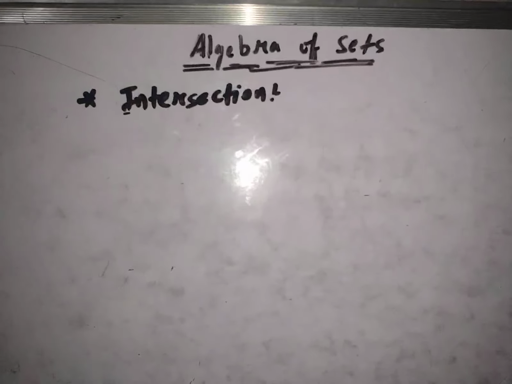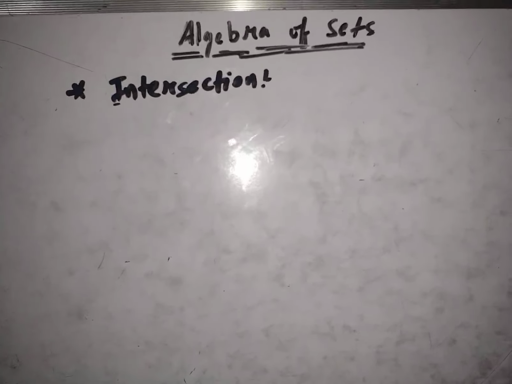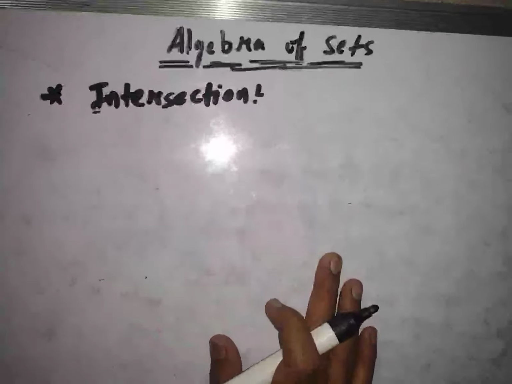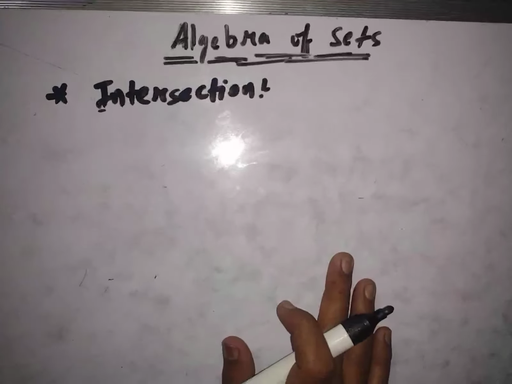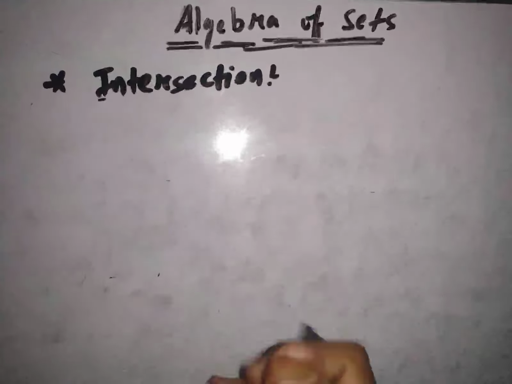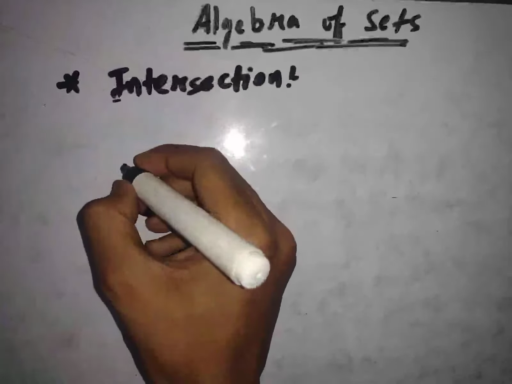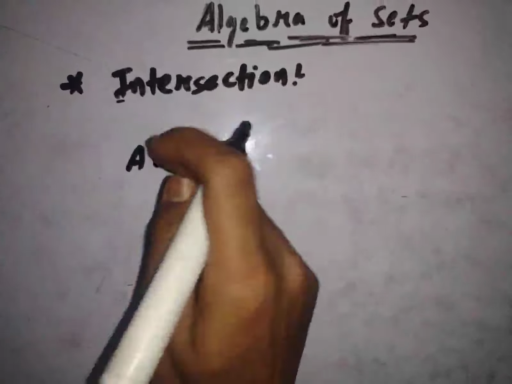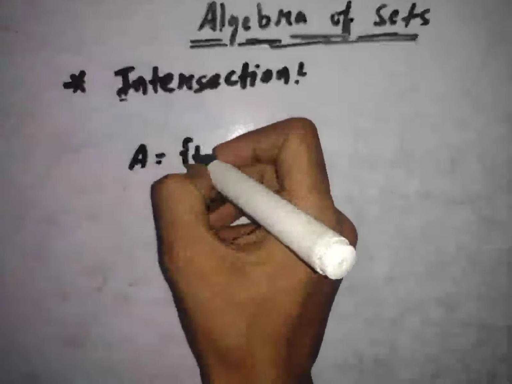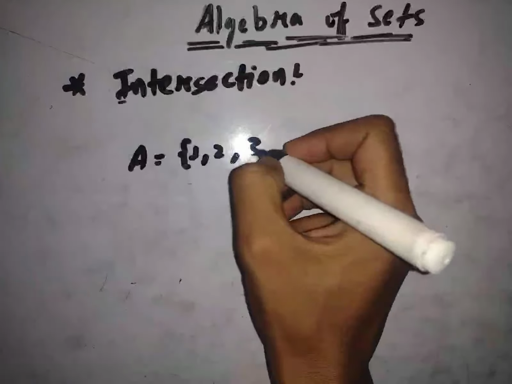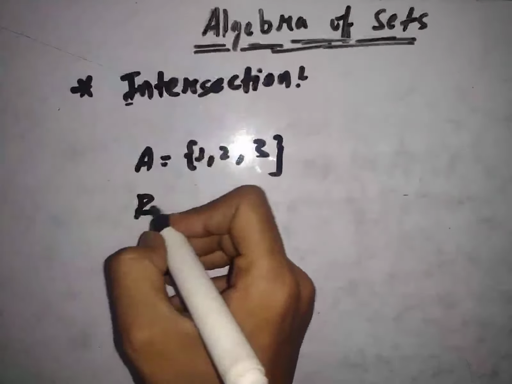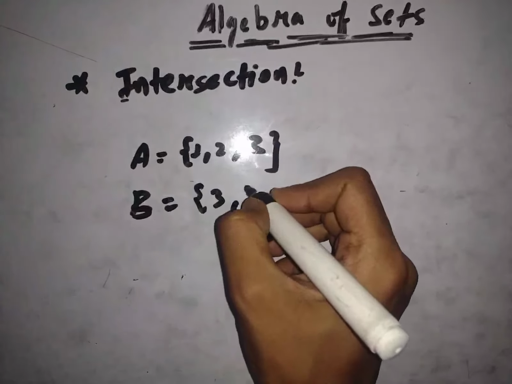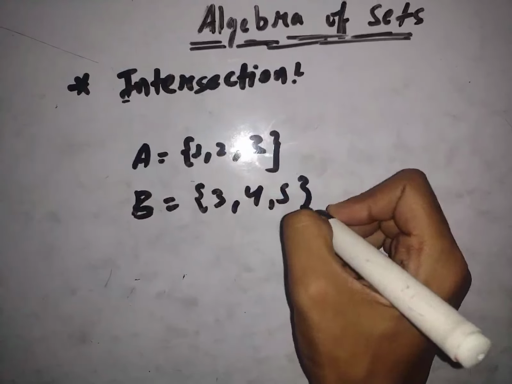Now let's talk about intersection. Instead of writing a definition, I'm just giving an example, which would be easier to understand and digest. Let there be a set A, that is 1, 2 and 3, and let there be a set B, that is 3, 4, 5.